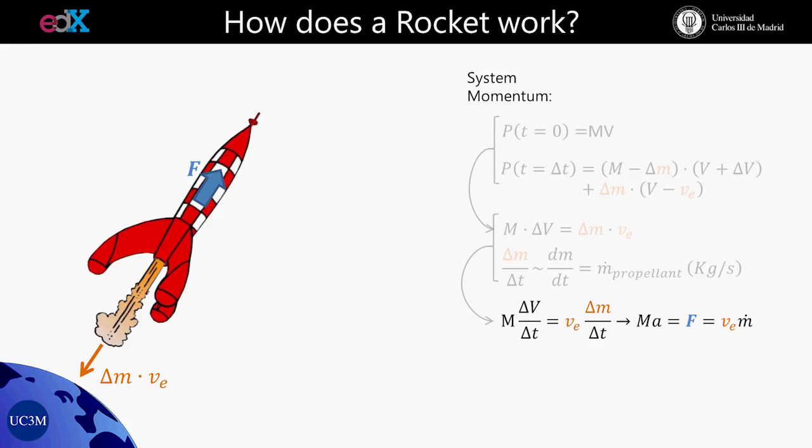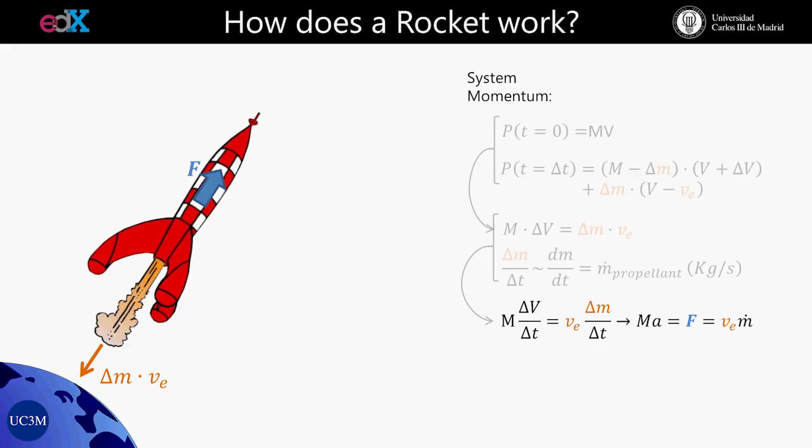In reality, the equation is slightly more complicated than that, because there may also be a small additional contribution to thrust due to the pressure of the exhaust jet. Nonetheless, we may always write thrust in this form by defining Ve as the effective exhaust velocity of the jet, that is, including the pressure contribution.